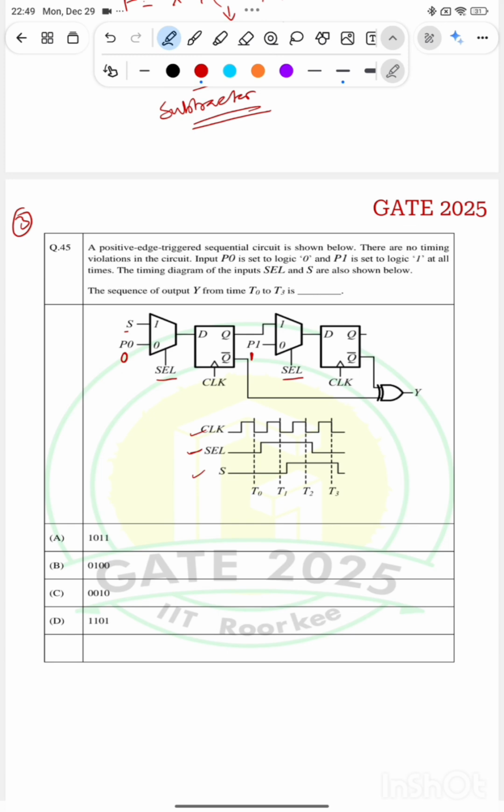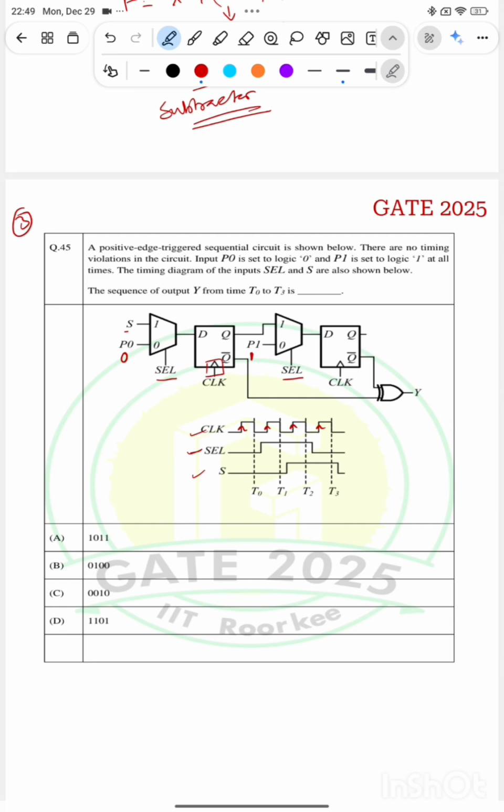Okay, so if we carefully check here, we have two D flip-flops and two muxes. Okay, and input signal is given. So if you carefully check how the D flip-flop works, it's actually a positive edge trigger circuit, right? So it's a positive edge trigger. So the output changes at these positive edges.